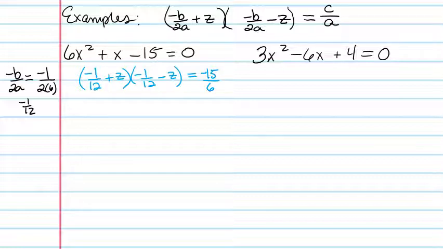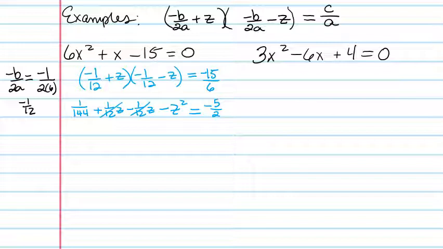So I'm going to multiply this out. So I get 1 over 144 plus 1/12 z minus 1/12 z, those go away, minus z squared equals, and we'll go ahead and reduce this fraction, and it'll be negative 5 over 2. Is that right? Okay.